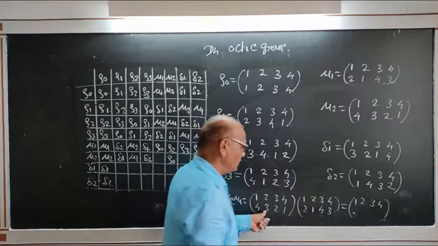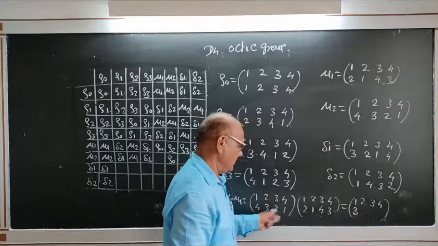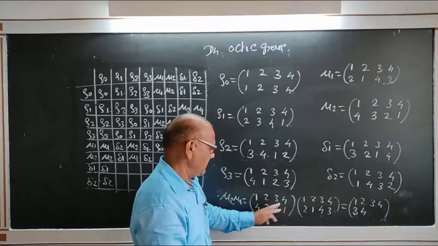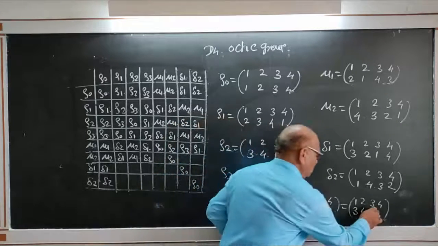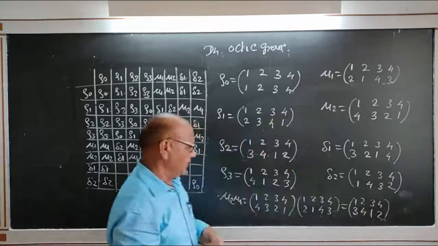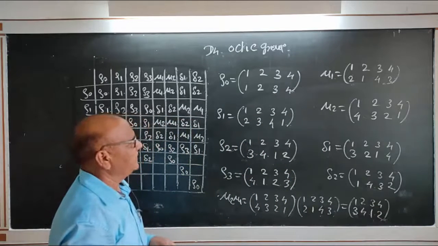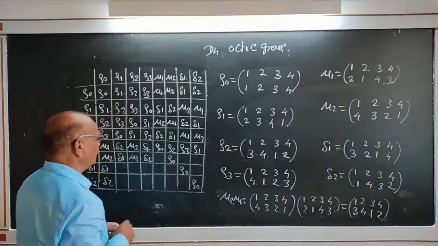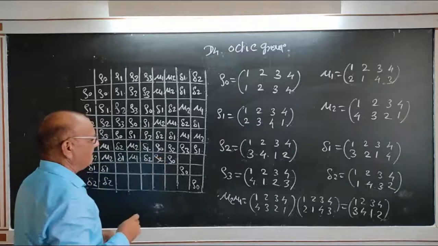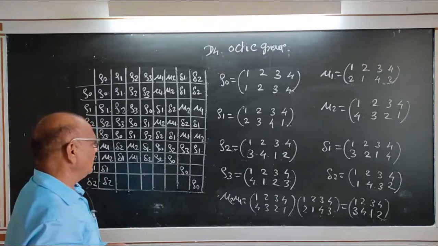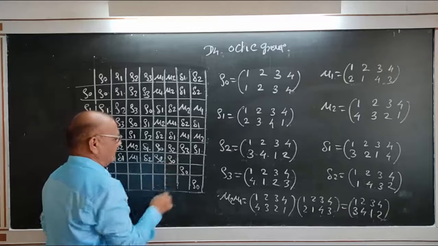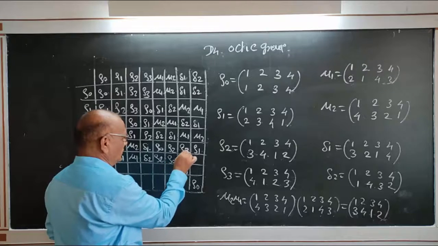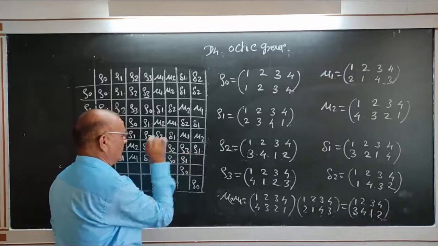Here 2 goes to 3. 2 goes to 1. 1 goes to 4. Then 3 goes to 4. 4 goes to 1. Then last 2. 3, 4, 1, 2. This is row 2. Now here row 2 is row 0, row 3, row 1.